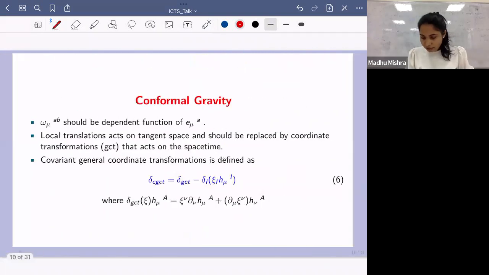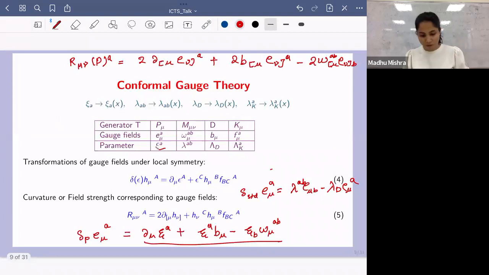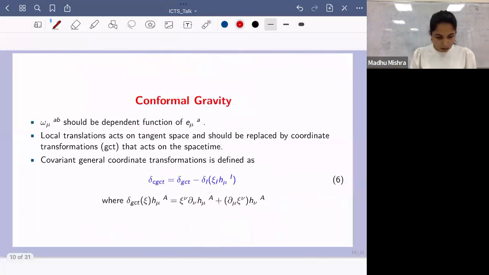Okay. So now that we have constructed conformal gauge theory, we want to go and construct conformal gravity theory. In gravity theory, the spin connection omega mu AB will be dependent on E mu A. However, in conformal gauge theory, these two fields are independent.